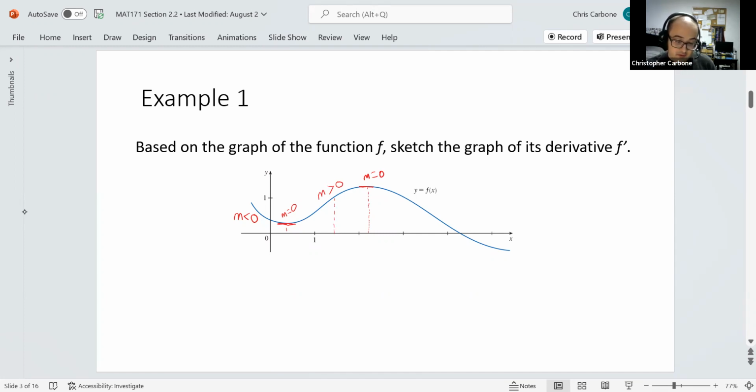And then from the right-hand side here, after this 0 slope, the slope here decreases. And it eventually flattens out down here.